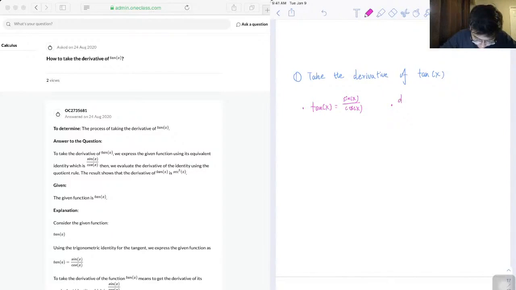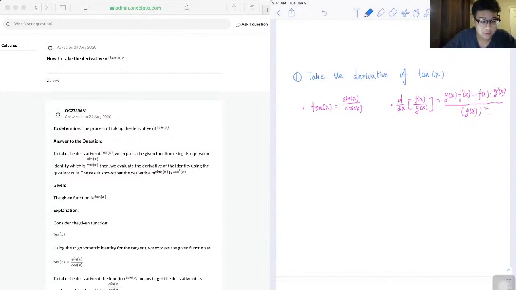It can be represented by d dx of a function f x over g x, which is equal to g x times the derivative of f x minus f x times the derivative of g x, over g x squared. So by knowing these two things, let's go to our question.